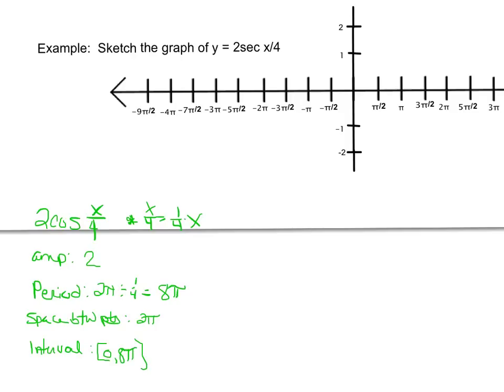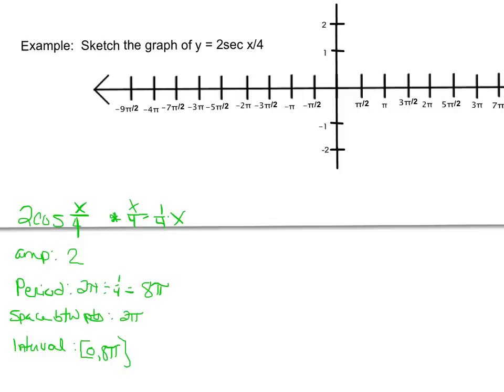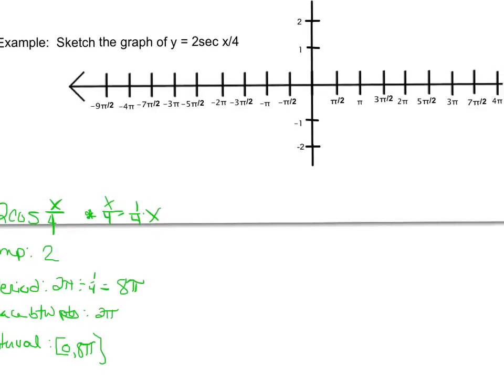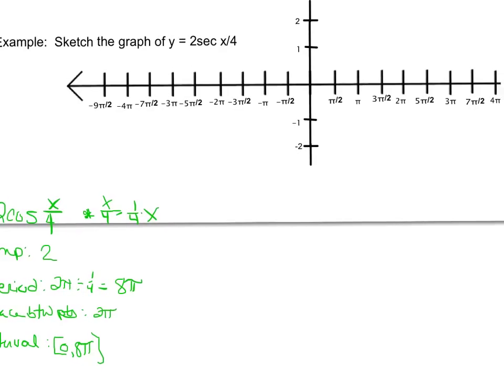You can see on my graph, I'm not going to be able to show that whole thing because I don't go all the way up to 8 pi. I think I have it up to 4 pi if I move this over a little bit. I apologize because I know you can't see my writing very well. But I'm going to graph this cosine function. Since there is no phase shift, I'm going to start at 0, but instead of going up to 1, because of my amplitude, I'll go up to 2.